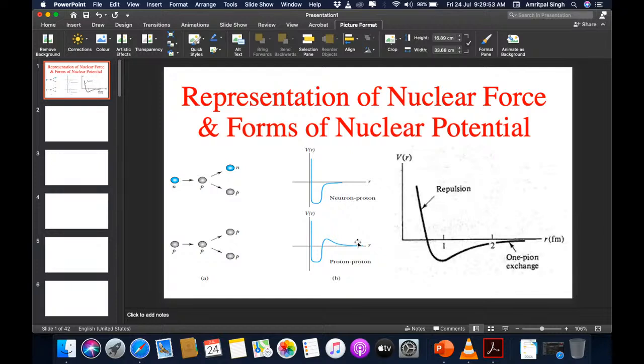Then we will discuss the various types of nuclear potentials explained by Wigner, and using these nuclear potentials we can solve the Schrodinger wave equation in order to study the differential cross section or the total areal cross section for a particular NP scattering experiment or for a PP scattering experiment.